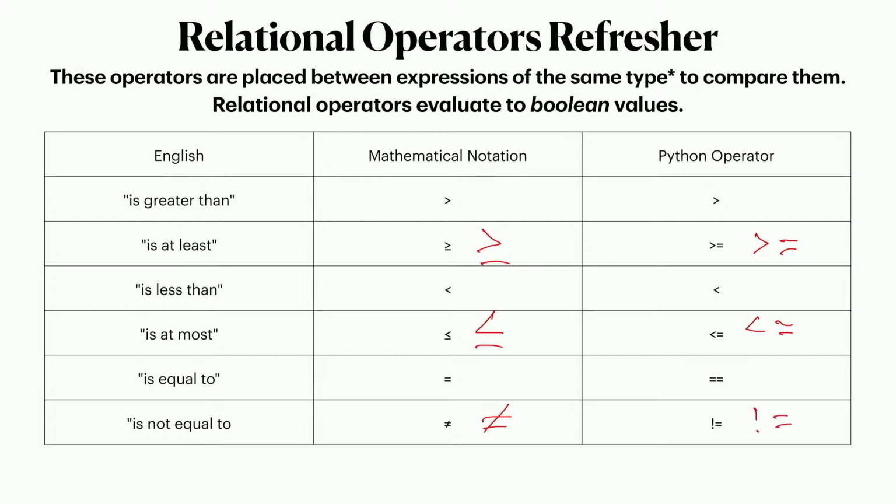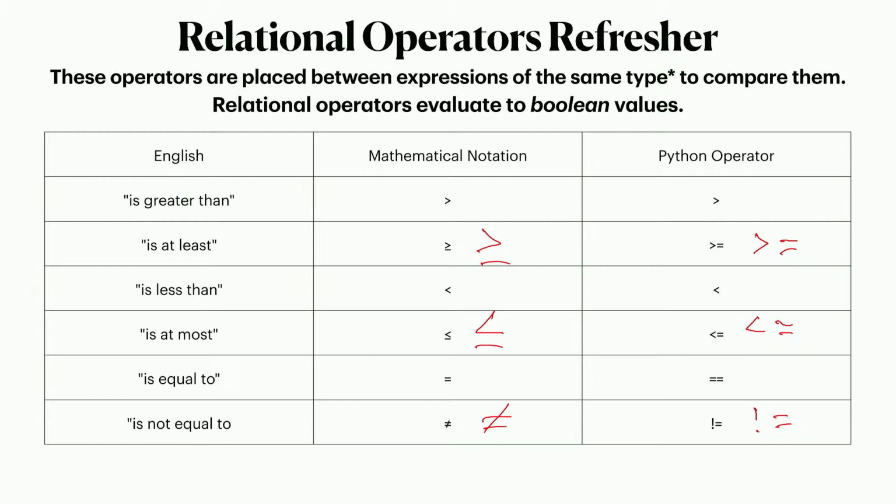And the order of these symbols is important, right? So you cannot write equal, greater. That is not the symbol that will represent the same concept. So the order of these is important, but these are concepts that date back to elementary school for you all, thinking about number lines and relationships between numbers. These operators go between two values of the same type, but I've got an asterisk here.